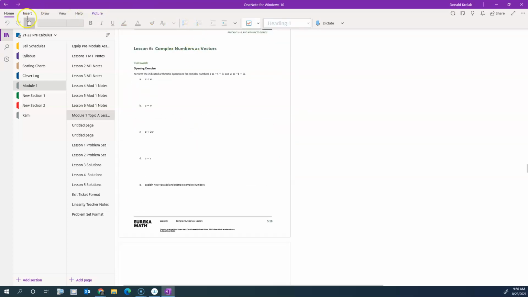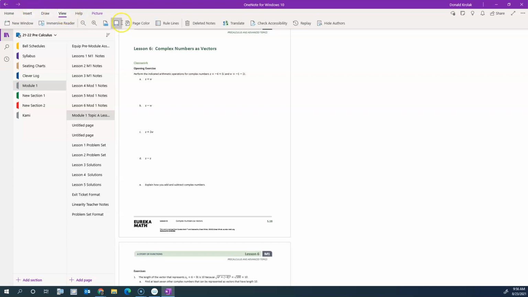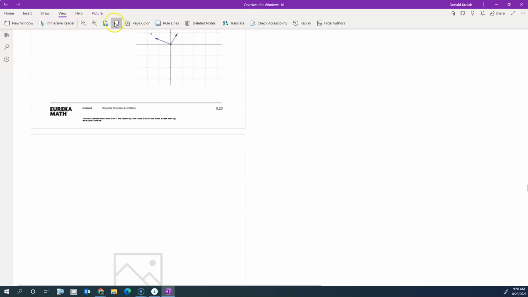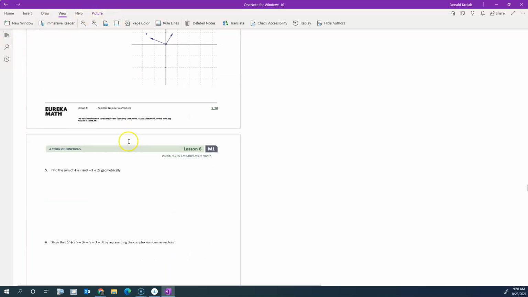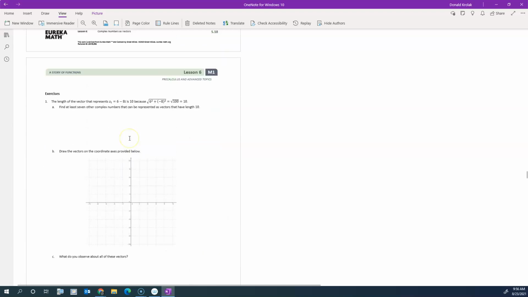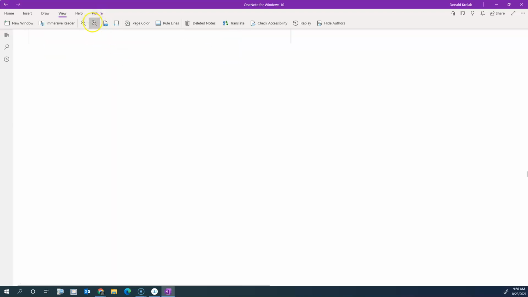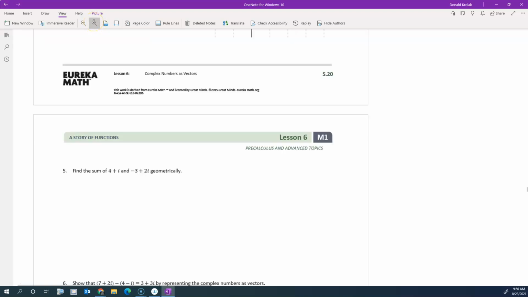Page 18, view, shrink. Right here. Okay, zoom in, zoom in.